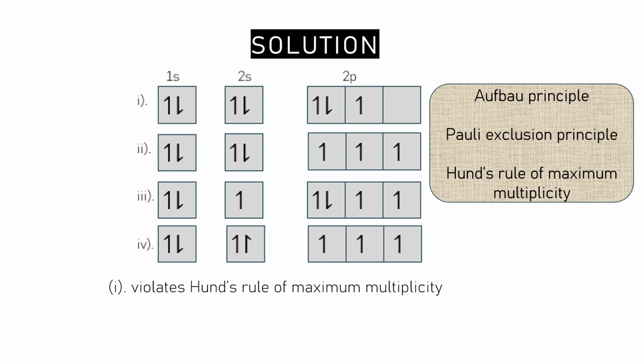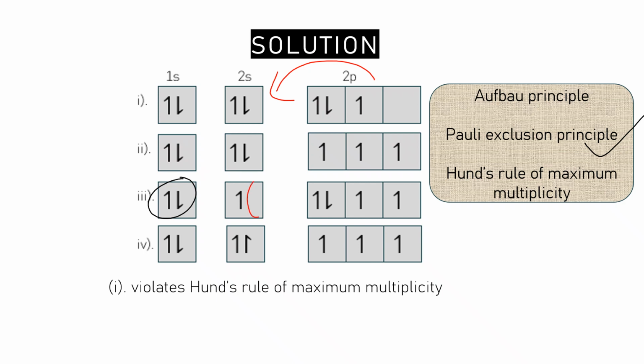Now let's look at III. What do we see here? Pauli's exclusion principle is obeyed. Is the Aufbau principle obeyed? No, because orbitals of lower energy should be filled fully first. You see, the 2p orbital was filled before the 2s orbital was filled fully.